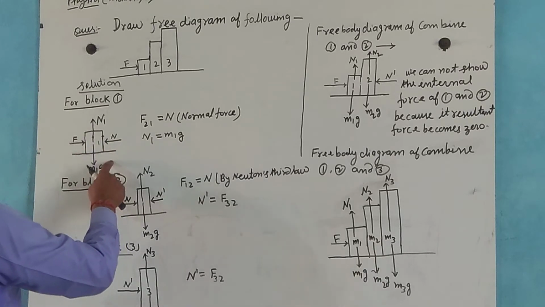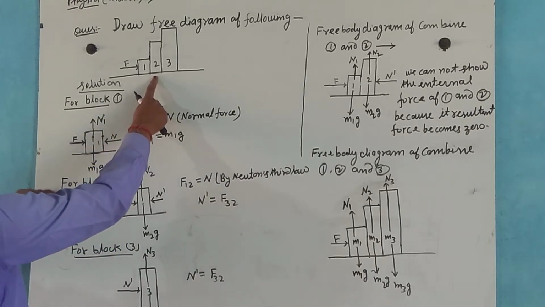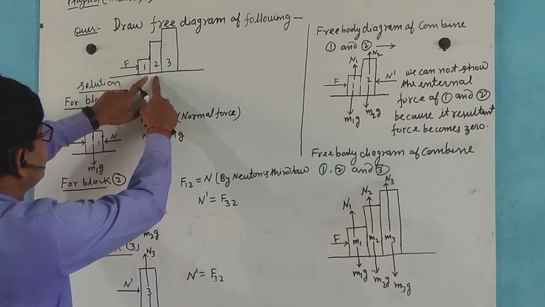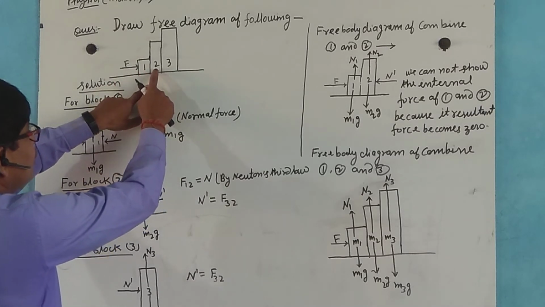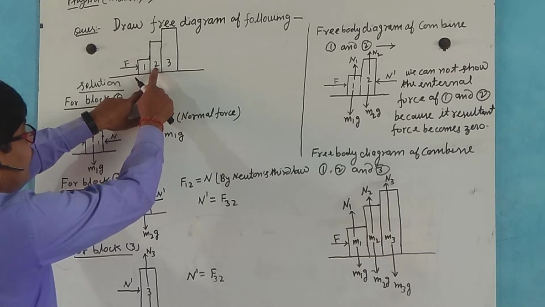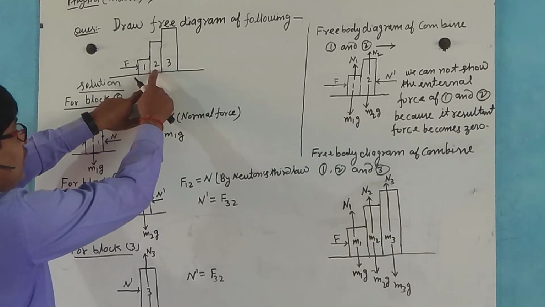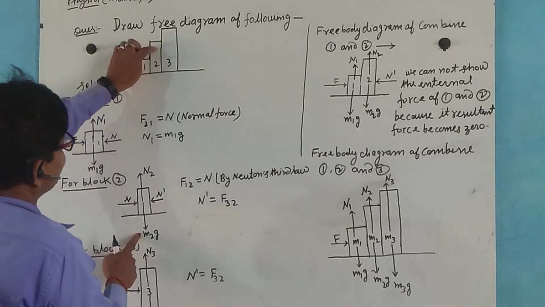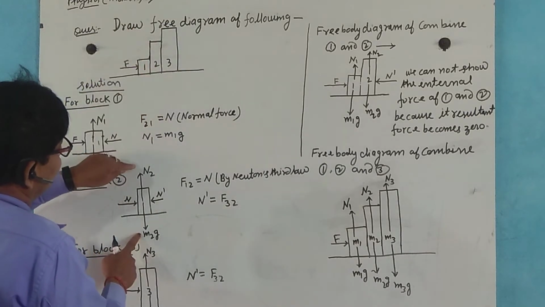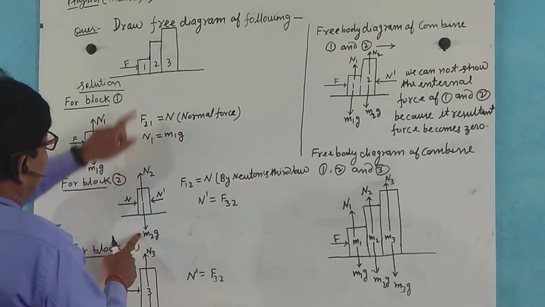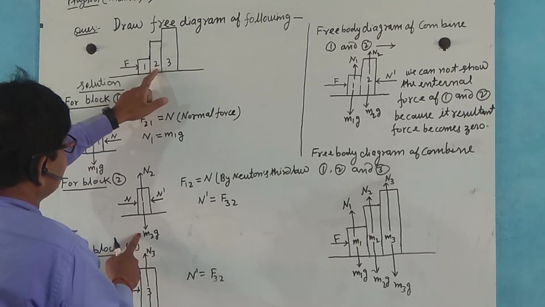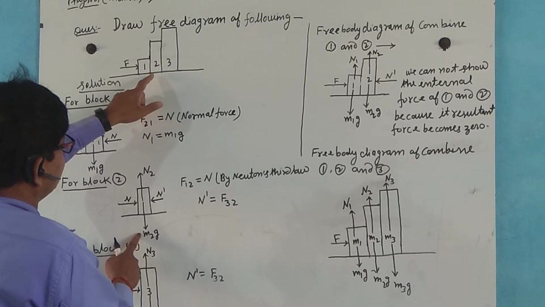So now we take block 2. In this case, this block applies a force on this block. First of all, the weight of M2 acts downward, M2g, and the normal force on M2 acts upward, and this block applies the normal force N here.